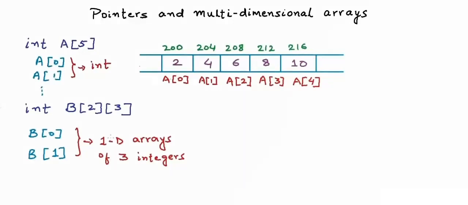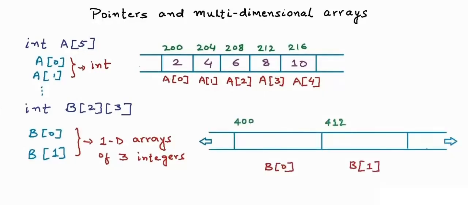A one-dimensional array of 3 integers would be 12 bytes if each integer is 4 bytes in size. So if I have to show this in memory, the first block of 12 bytes starting address 400 will be B[0], and the next block of 12 bytes starting address 412 will be B[1].